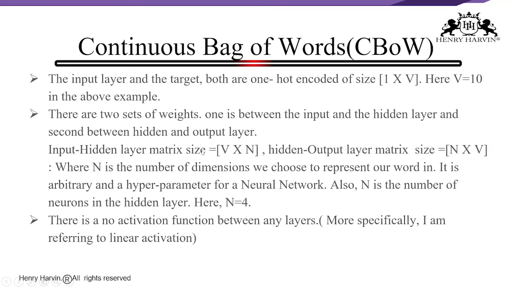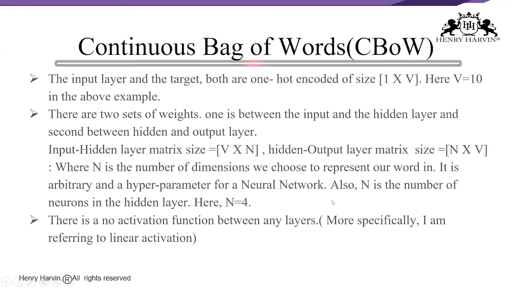The input-hidden matrix size is V into N, and the hidden-output matrix size is N into V. What is N here? It is the number of dimensions we choose to represent our word in, and it is arbitrary. Here N is actually 4.